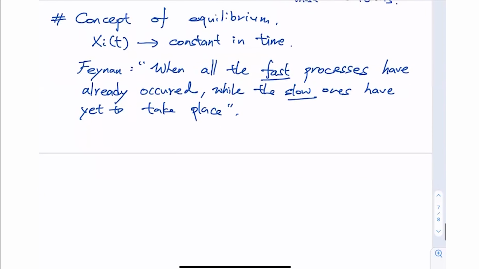In this description, you notice that in order to define equilibrium, I need to define what I mean by the observable time. That's basically a time window tau that I want to use to describe my system. For example, when I'm standing here and trying to describe, say, this glass table, to some extent I can say this glass table is in equilibrium, because within the observable time, like during this lecture, maybe several hours, it basically feels like a solid and sounds like a solid.